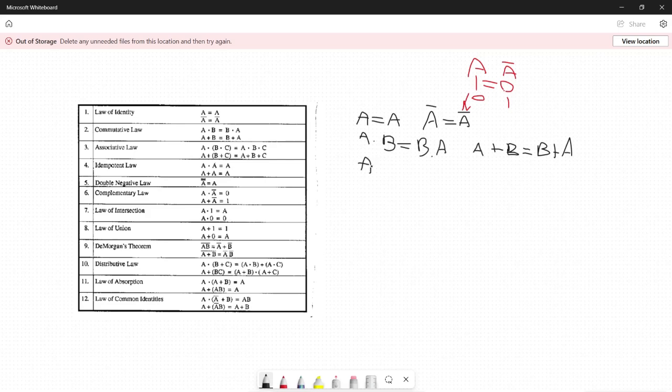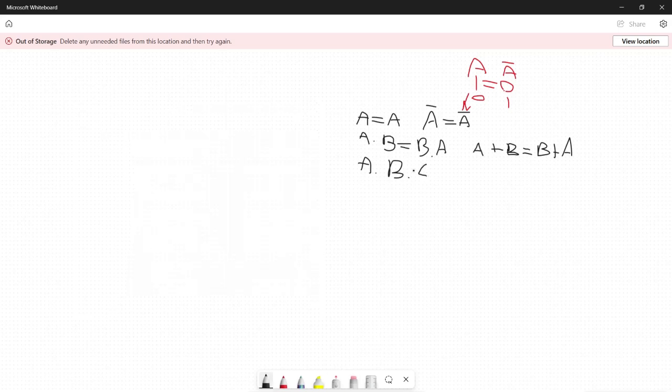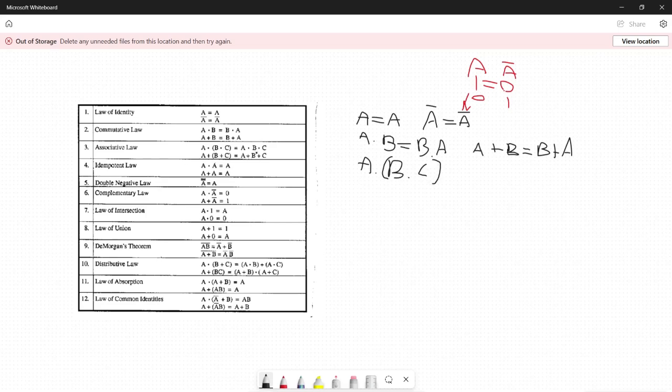Same sort of with the associative laws, that A times B times C, this one is going to just be A times B times C. You can also just go and prove that to yourself, plug in a bunch of values, but I'm not really going to go and prove it because it's really simple. Like A plus B plus C with these in brackets.